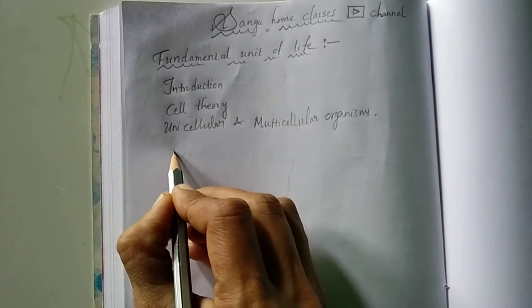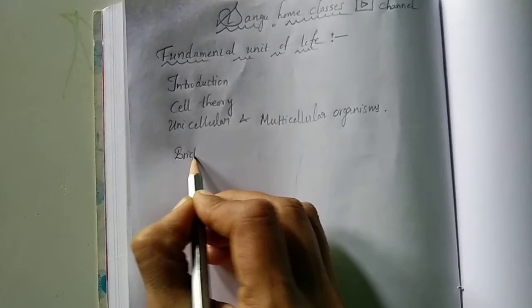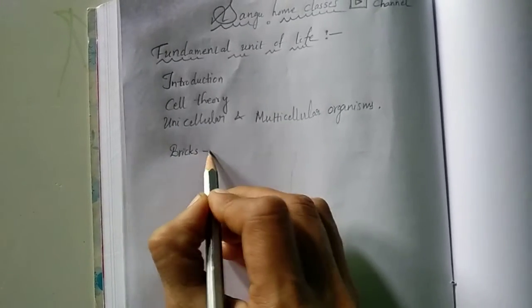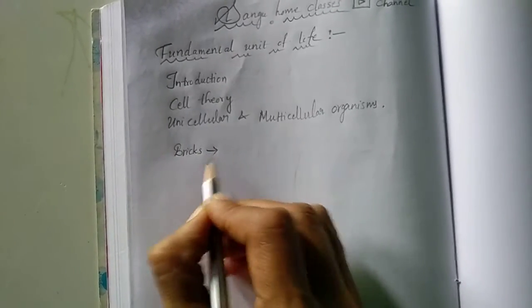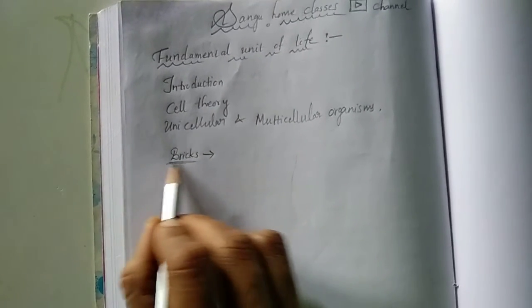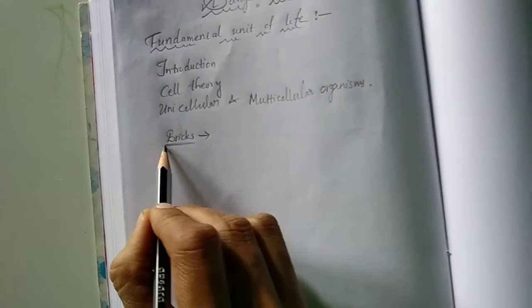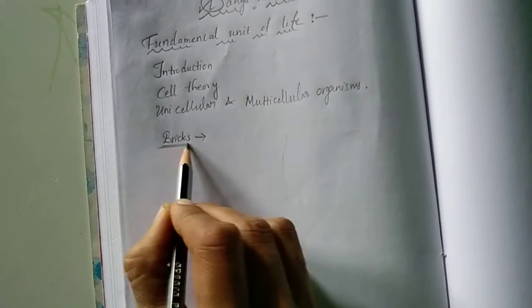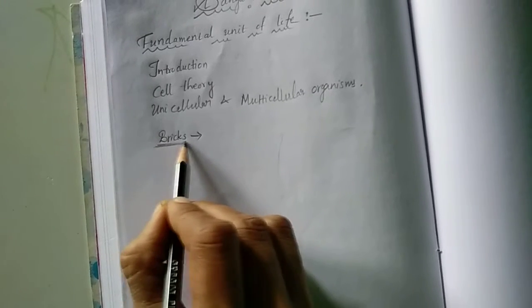That is nothing but bricks. Right, children? Yes. Bricks are the basic or main thing which we use to construct a building. Along with the bricks, we may use sand, iron rods and also cement, etc. But the basic thing is bricks, which the building is made up of.